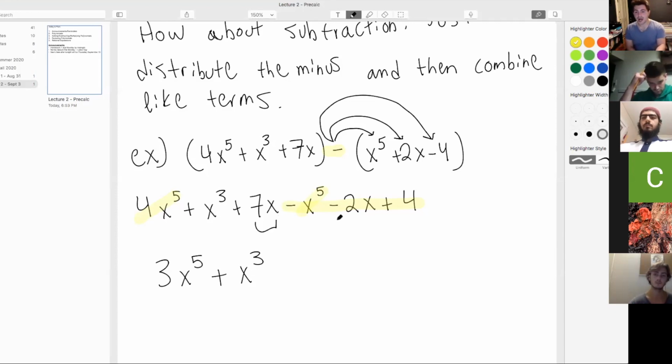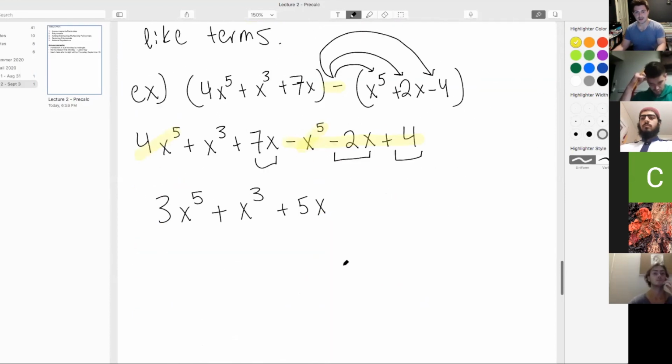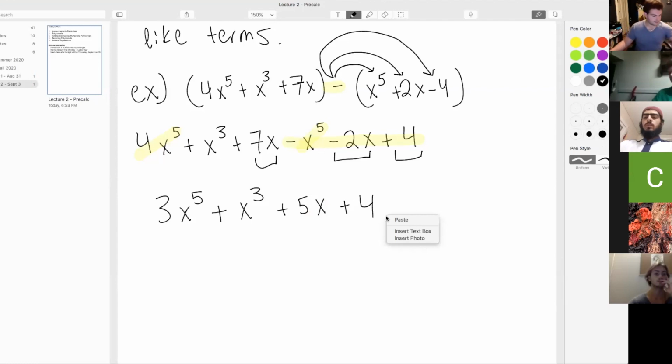That will combine with minus 2x, so 7x minus 2x is just 5x. And our number 4, there are no other numbers to combine that with, so that just comes down as is. So that's the answer. We're just combining like terms.